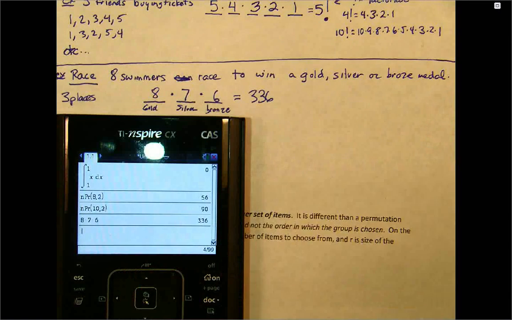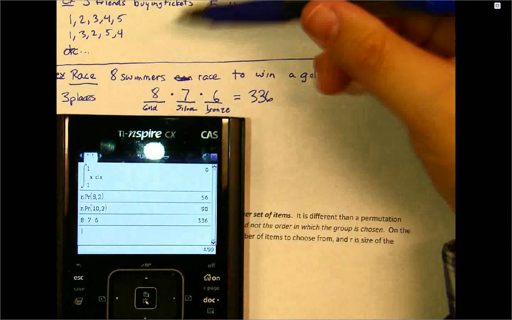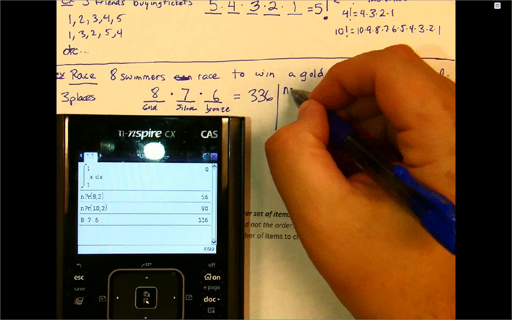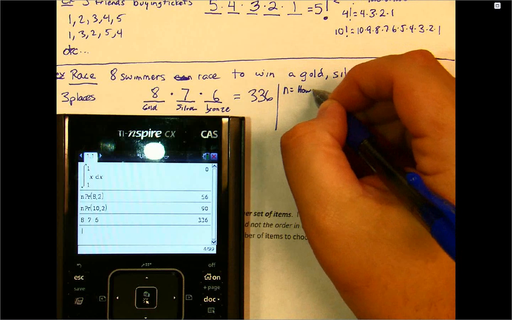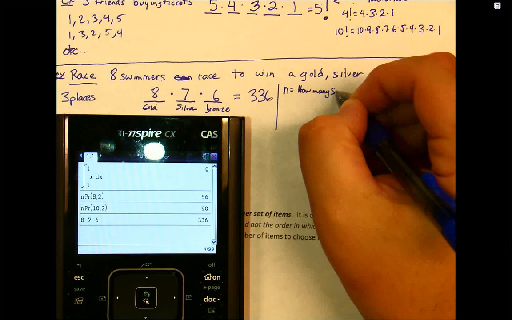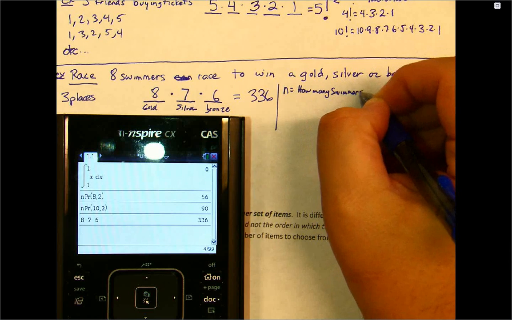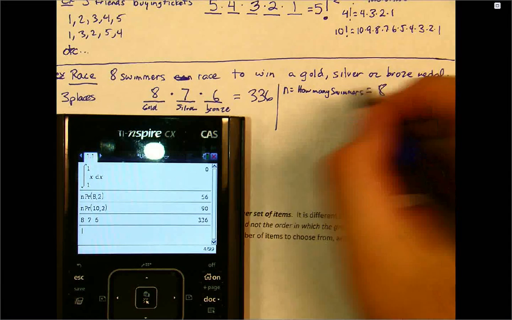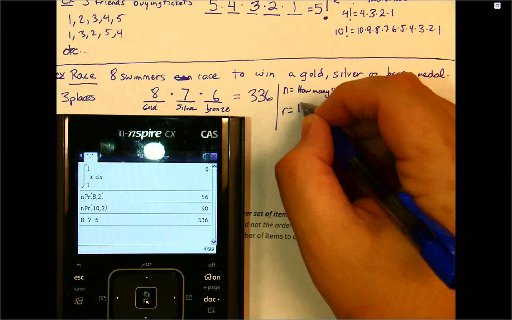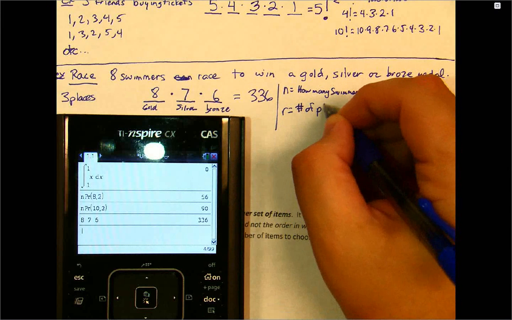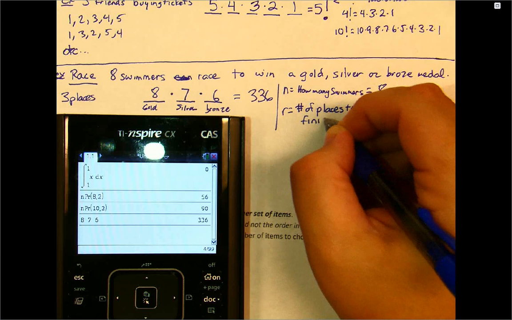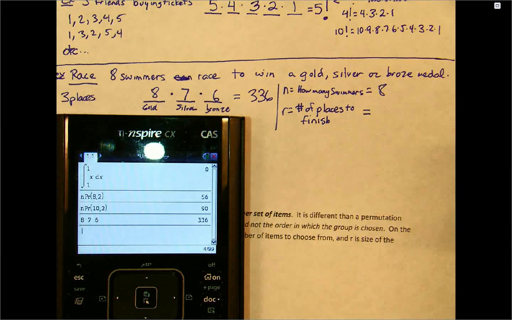If you know 2 things: N, how many swimmers are in the race? 8. Now R is equal to the number of places to finish. How many places are there?